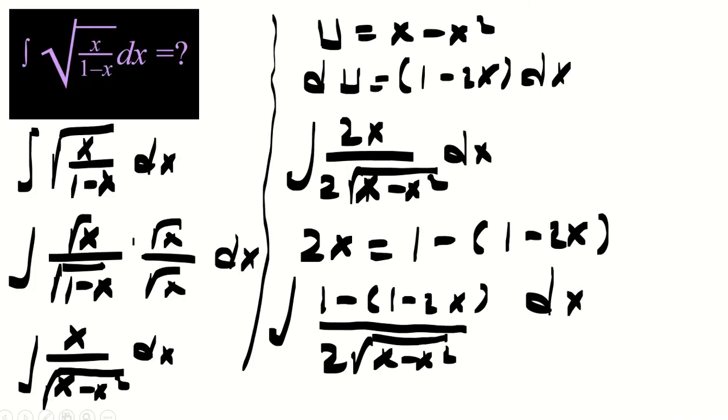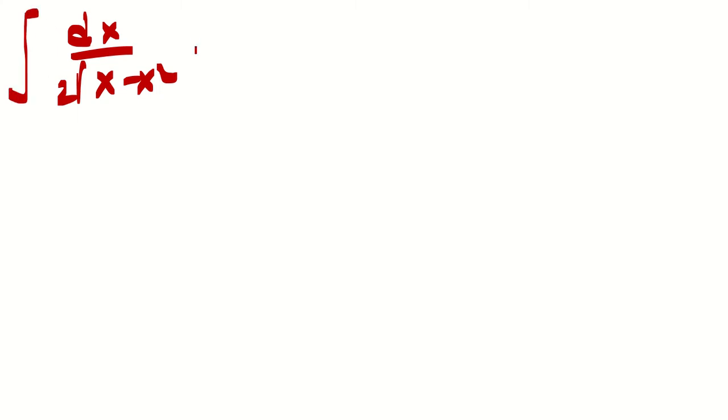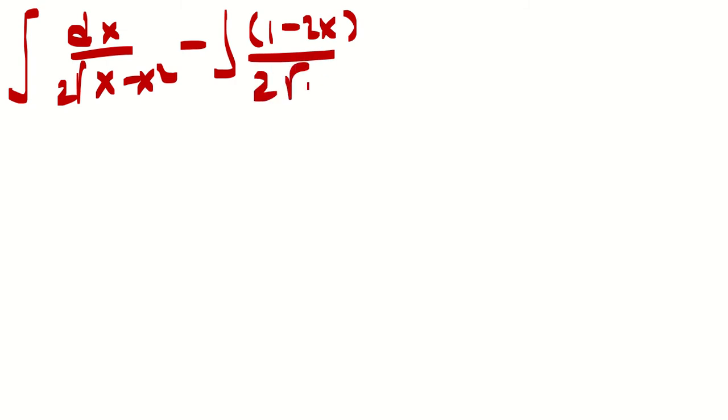Okay, so we stopped on the integral of 1 minus dx over the square root of 2x minus x square, minus the integral of 1 minus 2x over 2 square root of x minus x square dx.